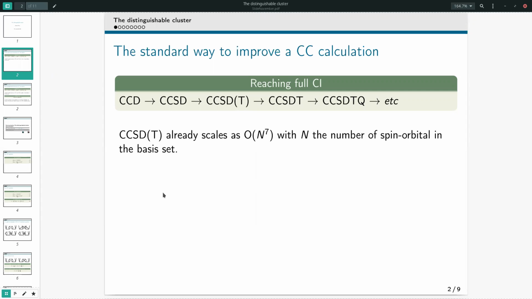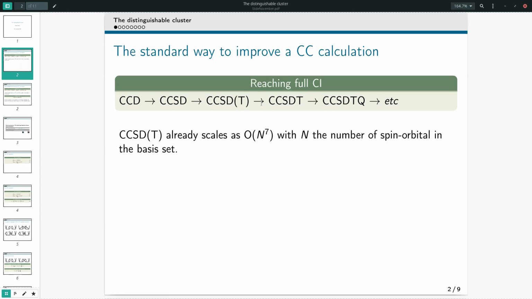So first there is the coupled cluster double calculation, then CCSD, then the (T) correction, the full triples, etc. But this is really computationally expensive, and we know that even for CCSD with the (T) correction, sometimes it fails when the single reference we use is bad.